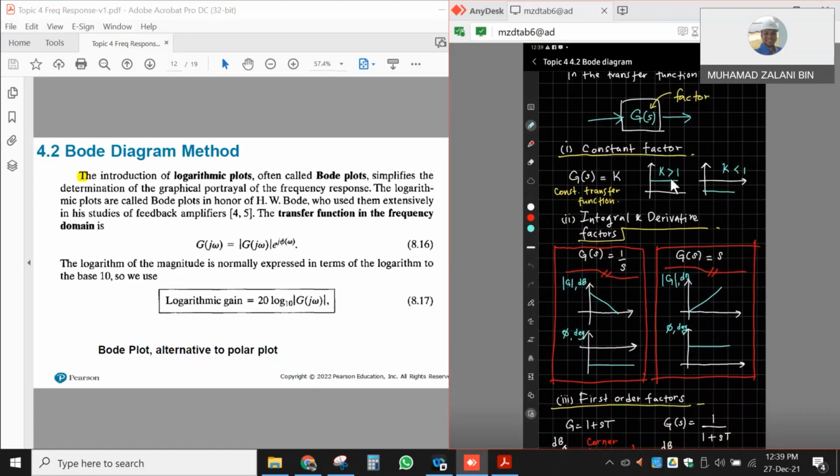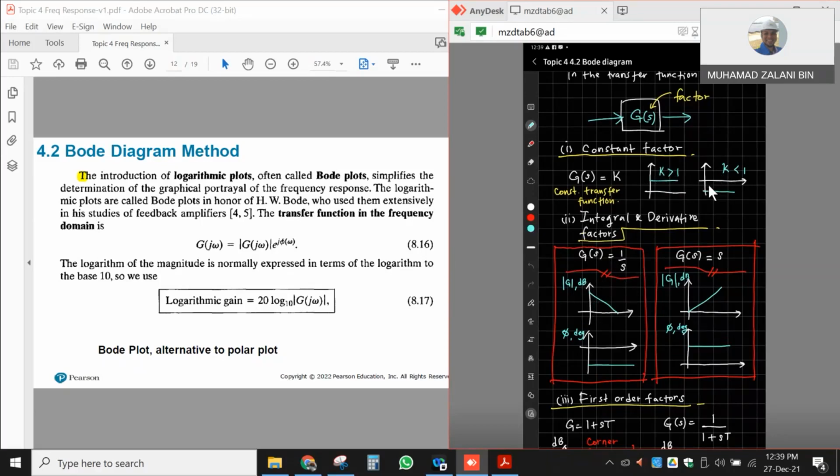It depends on whether the constant factor K is greater than 1 or smaller than unity. When we plot the magnitude in power decibel of K, it should look like this if K is over unity, over 1.